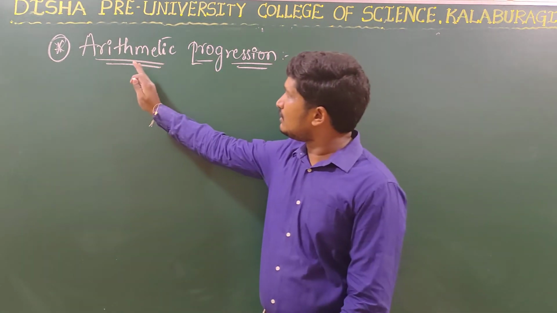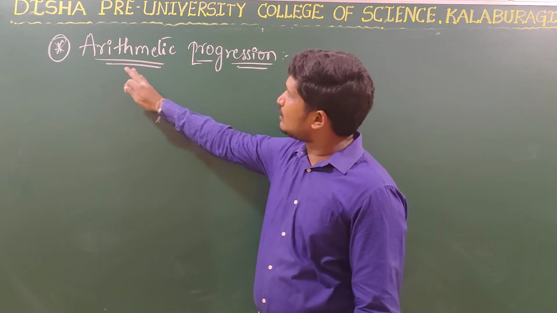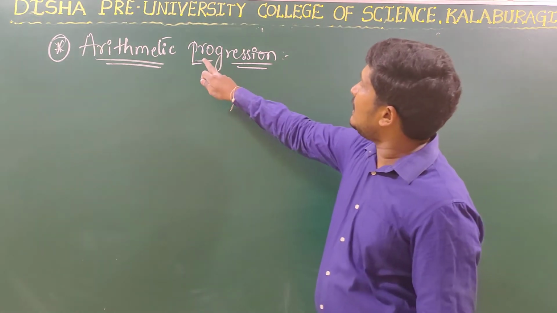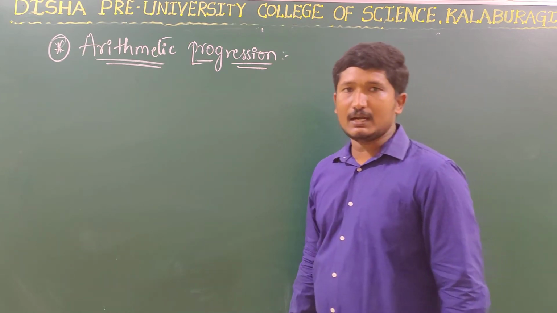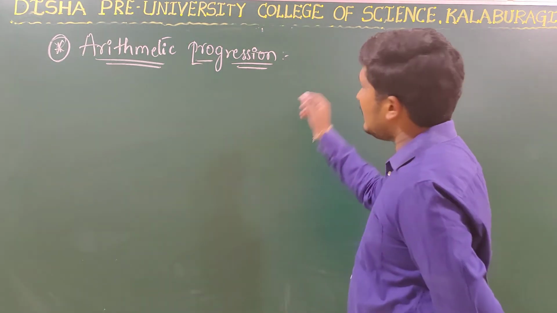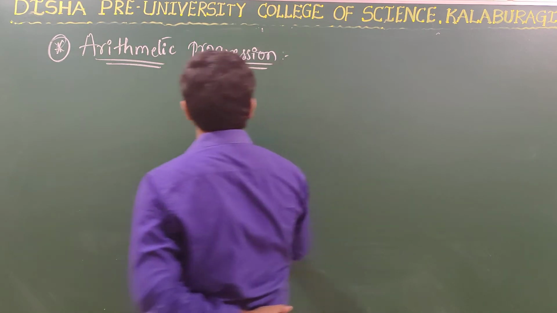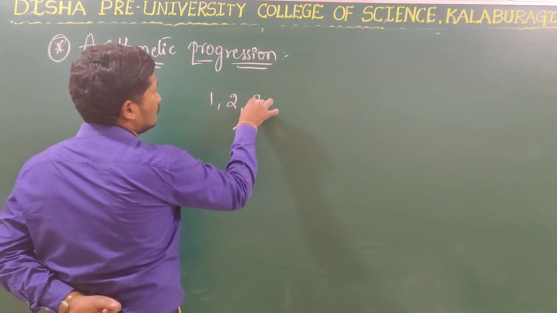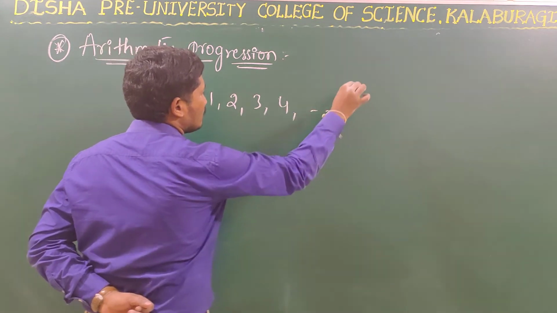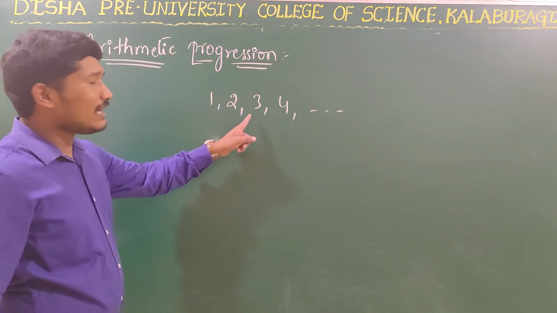So before telling you about the arithmetic progression, let us understand what is meant by a progression first, right? So see here, let me take a sequence. Let us consider one sequence, 1, 2, 3, 4 and so on. So what are these?